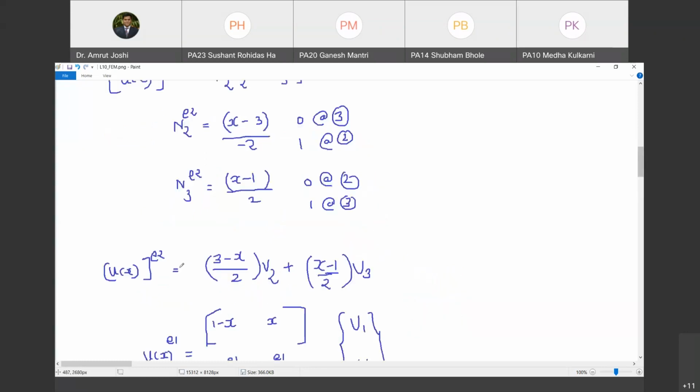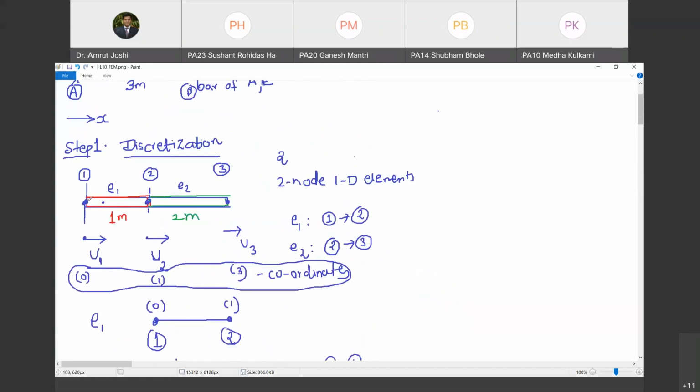So what is the degree of freedom of an element? As it is a one dimensional two node element, and I am considering only x directional deformation as the degree of freedom, at node number 1 you have 1 degree of freedom, denoted by u1.